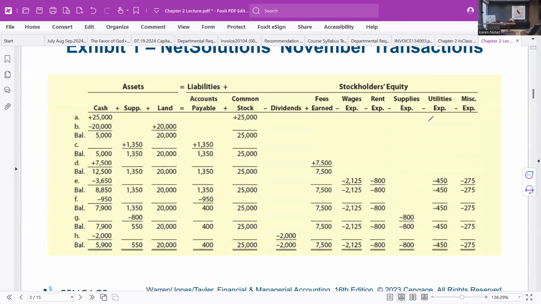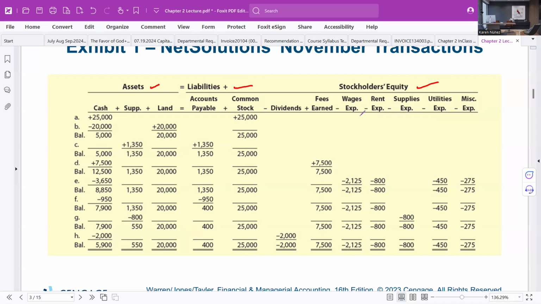Now, this is kind of an expansion of what we did in Chapter 1, right? Again, we had our assets, our liabilities, and our equity, and the basic equation is that our assets are always going to be equal to our liabilities plus our equity.